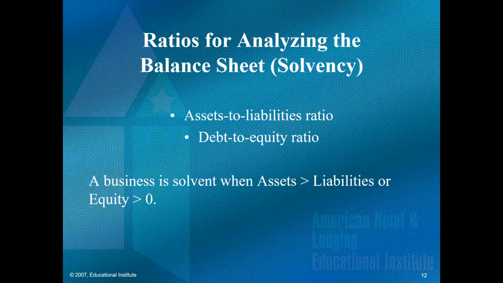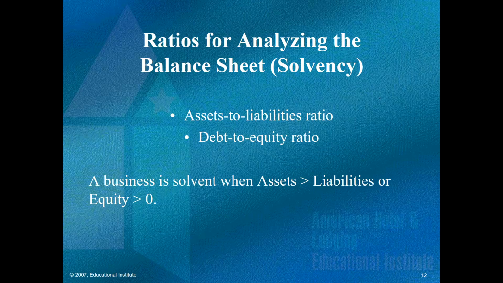Now, understand what solvency is. Solvency just simply means that we have a positive equity, okay? That's it. So, we're going to look at an asset to liability ratio, which sort of gives away what we're going to use there, and then we've got a debt to equity ratio, which kind of gives away what we're going to use there as well, okay?